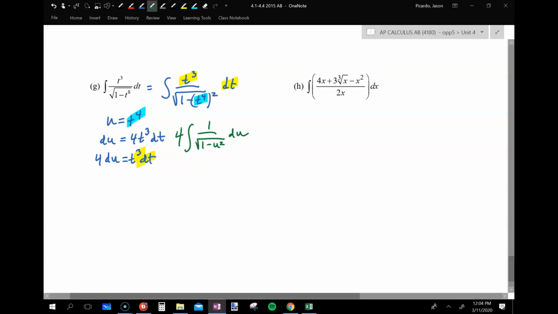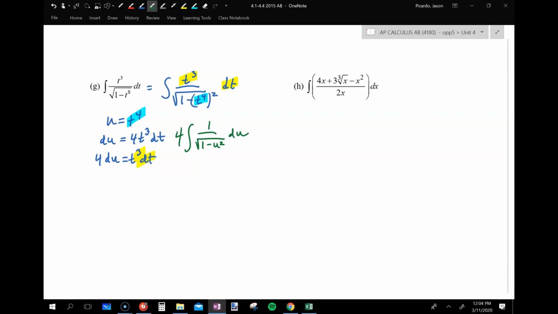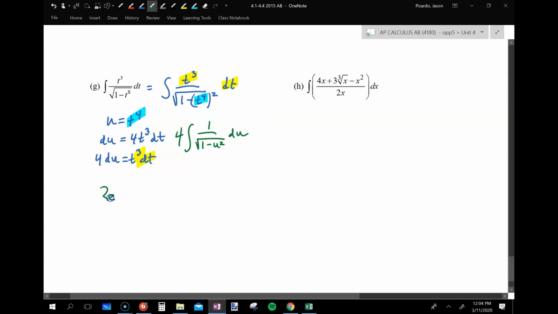And if you got to that point, again, this is why I say it's a high level calc problem, because now we have to recall the following. This is, let me make this an a squared.